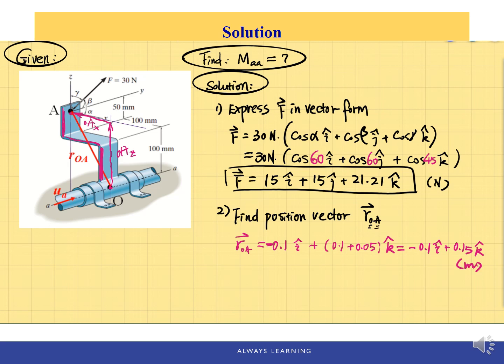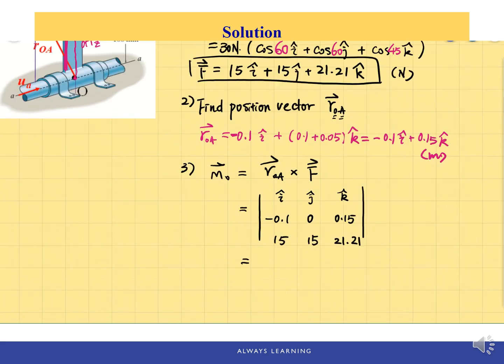So this will be my ROA with unit meter. Step 3 is to find the moment about point O using the cross product of ROA cross the force vector F. So the i hat term can be calculated by using 0 times 21.21 minus 15 times 0.15. So the answer will be negative 2.25.